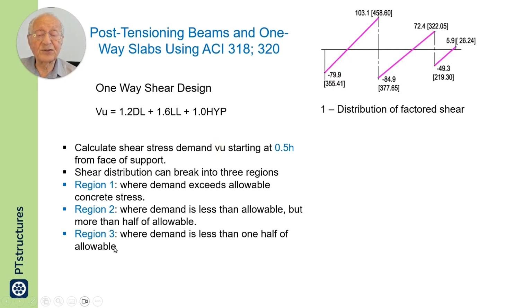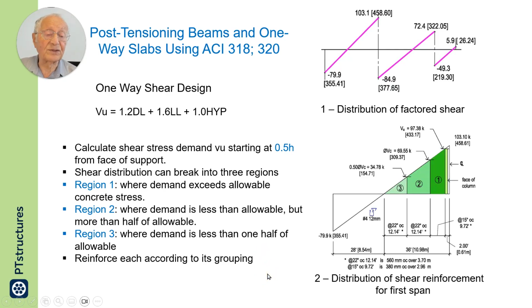And the third region is where the demand is less than one half of the allowable. Each of these regions will be designed differently. We reinforce each region accordingly.